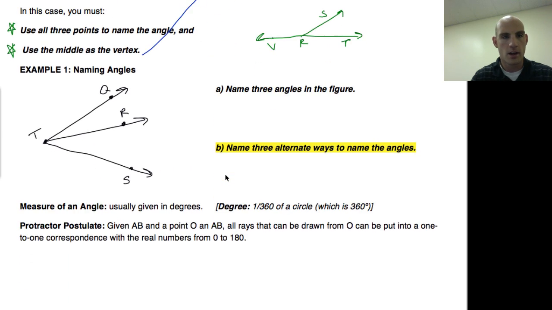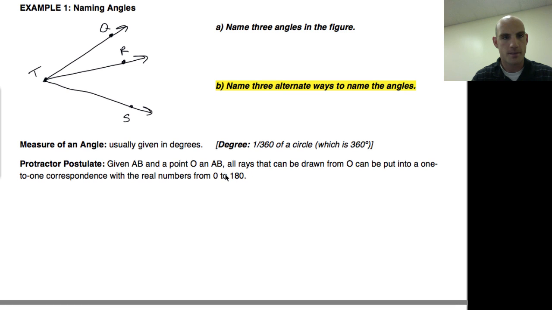Let's look at example 1. Naming angles. I've got this figure here that has 4 points on it, and there are a number of angles. Let's name 3 angles in the figure. There are a lot of angles in this figure. The first one I'm going to name is angle QTR. Notice I put the little angle symbol out front.